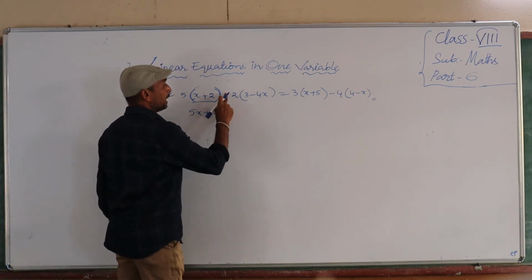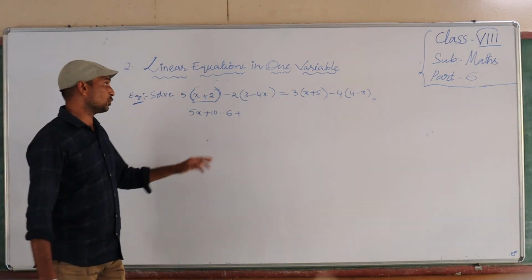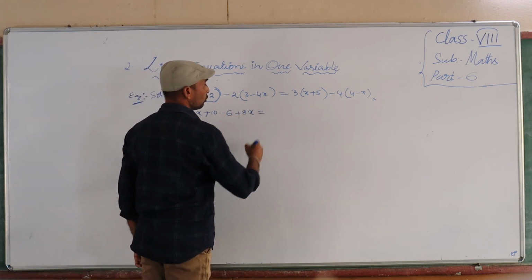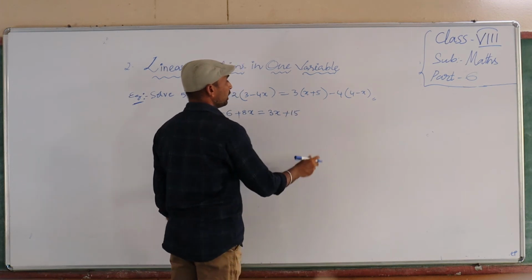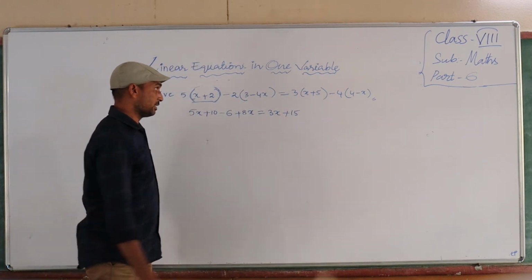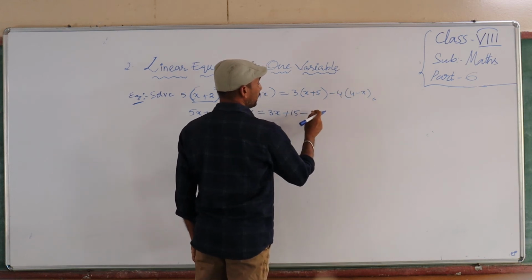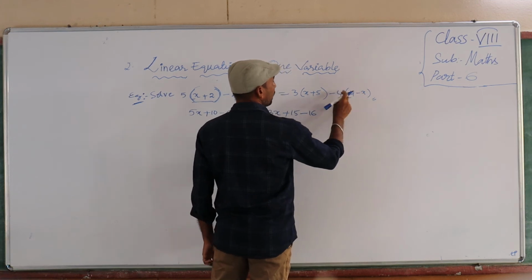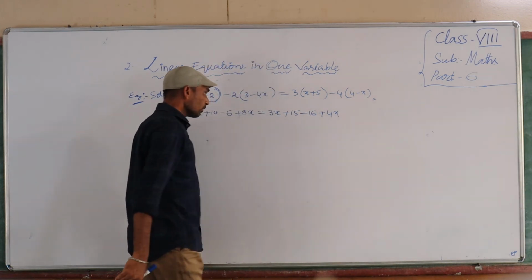Then again minus into minus plus, 2 fours are 8, means 2 into 4x, 8x, that is equal to 3 into x, 3x, plus 3 fives are 15. Again say like this. So minus 4 into plus 4, minus into plus minus, 4 fours are 16. Then minus into minus x, minus into minus plus, 4 into x, 4x.